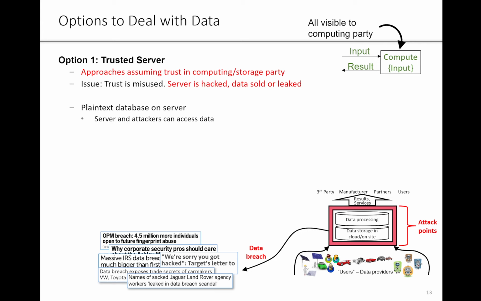Okay. So let's have a look at the common case, what is nowadays happening. So let's assume this is a good company. It deals with the data properly. It enforces all kind of security policies. The people are trustworthy. Yeah, let's trust the company. Obviously, it might happen that trust is misused, servers hacked, data sold or leaked.